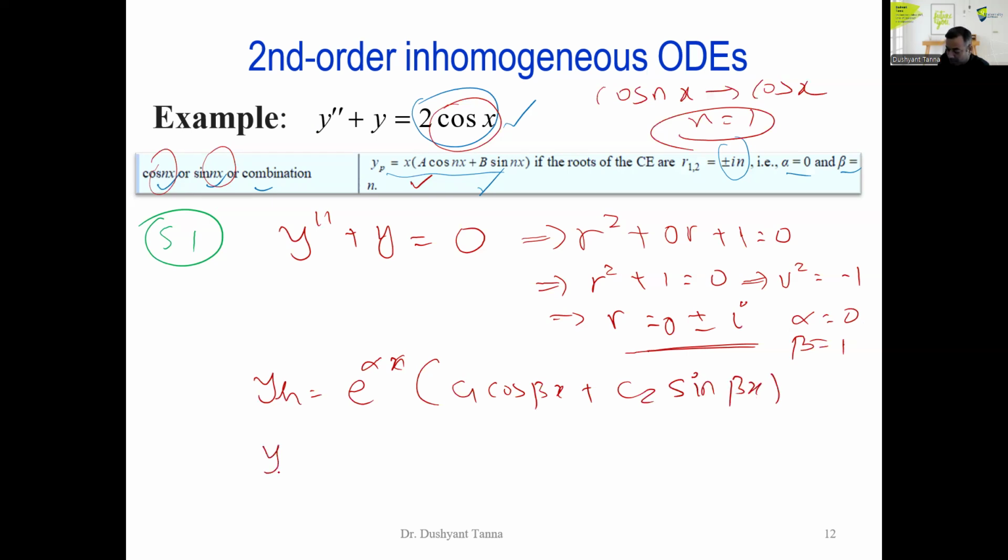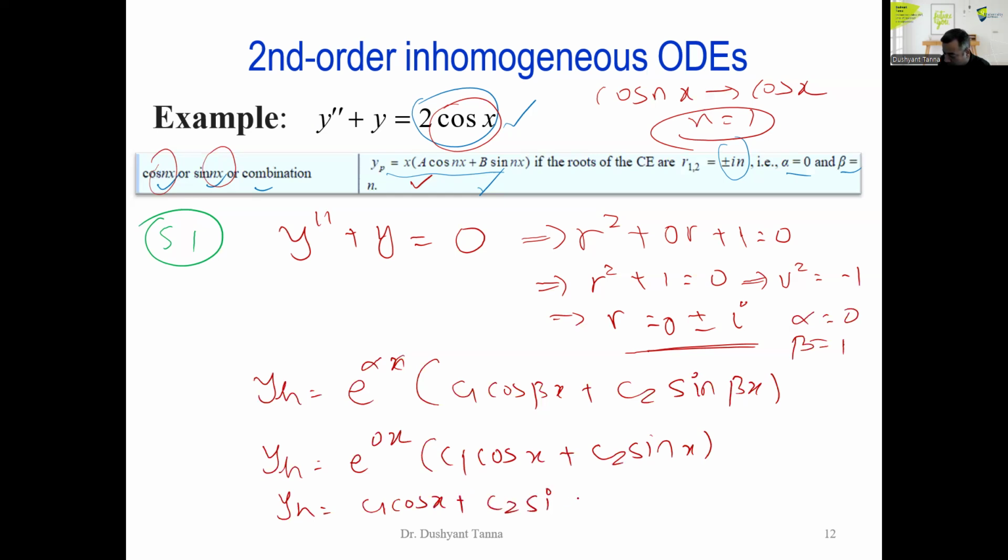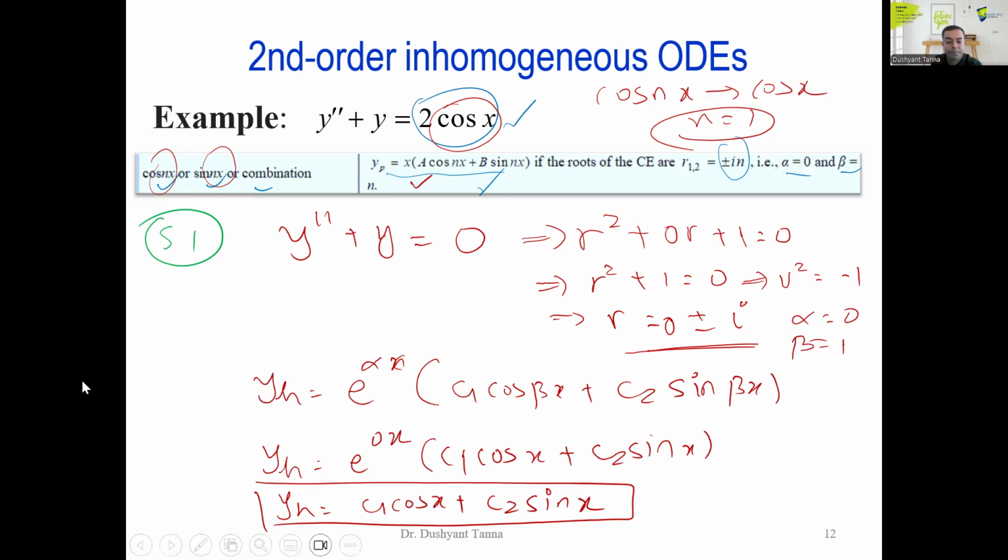This is from the earlier sessions. e raised to 0x, which is obviously 1. C1 cos x, C2 sin x. And finally, once simplified, your yh will be C1 cos x plus C2 sin x. That's your yh, step 1.